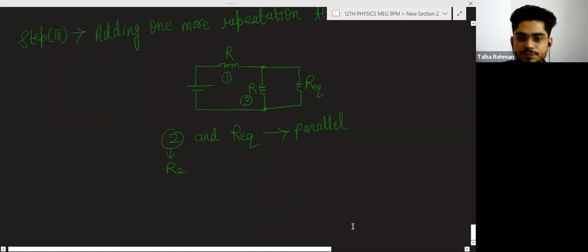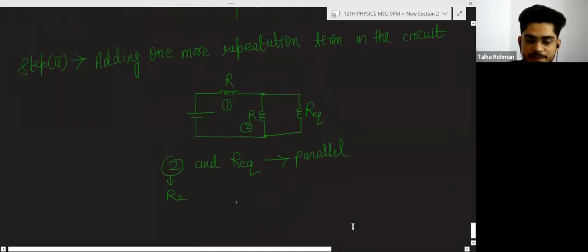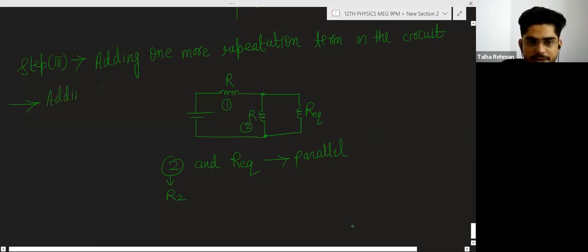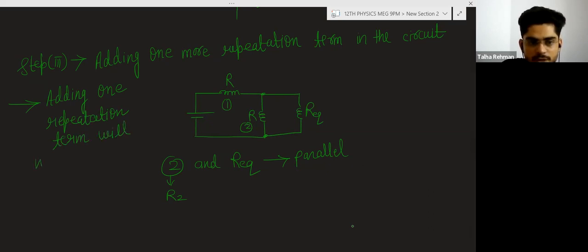Okay, fine. Now see what will happen if you add one repetition term to the equivalent resistance. Adding one repetition term will not affect the equivalent resistance R equivalent.